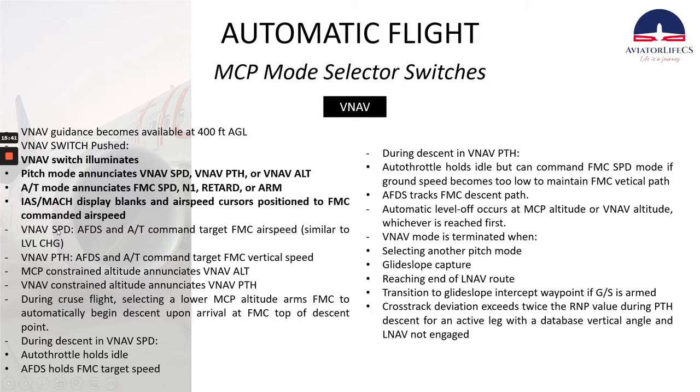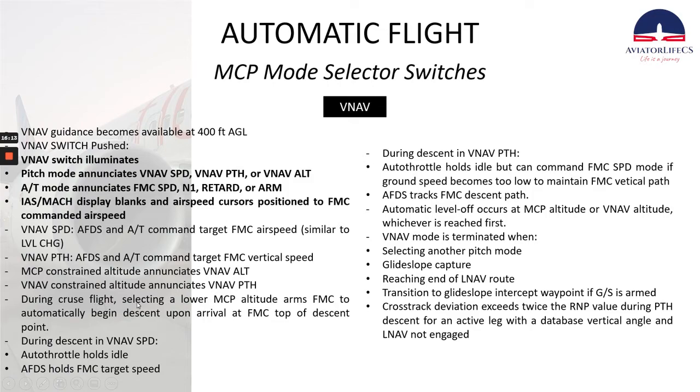In VNAV speed, AFDS and auto throttle command target FMC airspeed, similar to level change. In VNAV path, the AFDS and auto throttle command target FMC vertical speed. MCP constraint altitude annotates VNAV alt. VNAV constraint altitude annotates VNAV path.